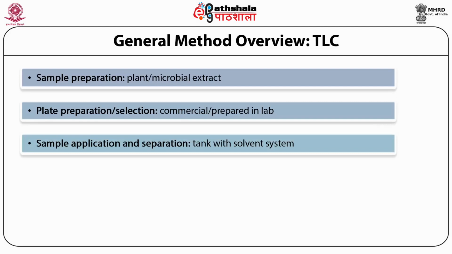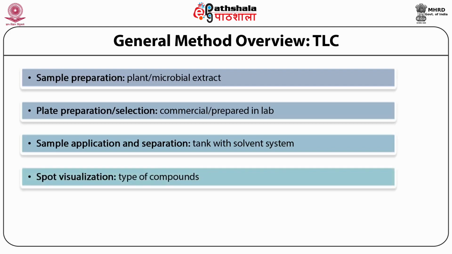Then the sample application and separation takes place in the separation tank, which is basically the tank with the solvent system. Thereafter, the separation plate is taken out and the spots are visualized using different types of compounds that we shall briefly discuss.